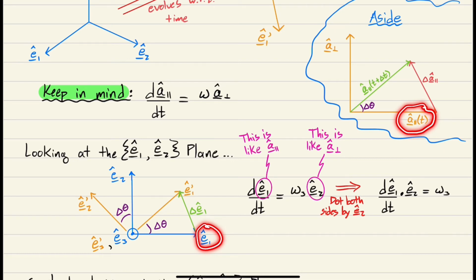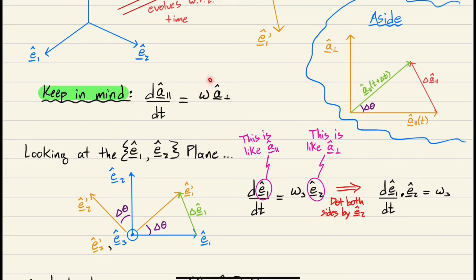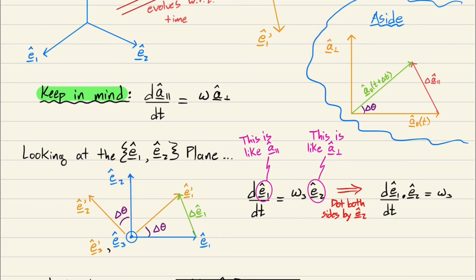It is equal to omega 3, our angular velocity about E3, multiplied by a hat perpendicular. This E2 is our a hat perpendicular, just like the one we defined right here. So we end up with this.